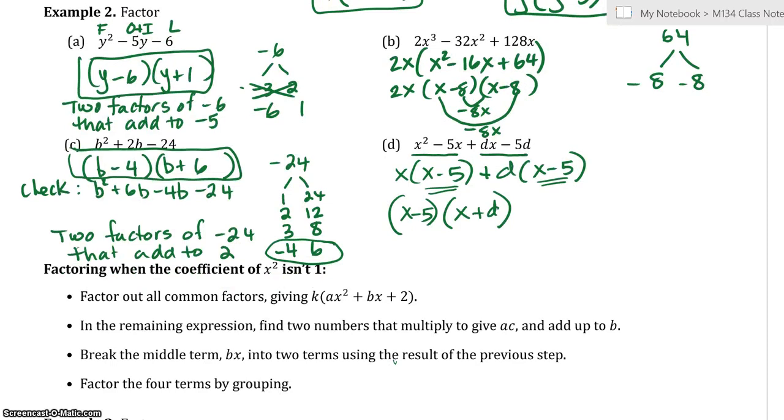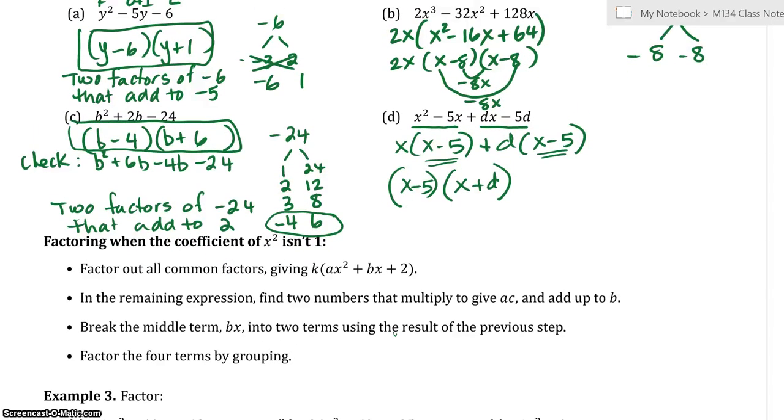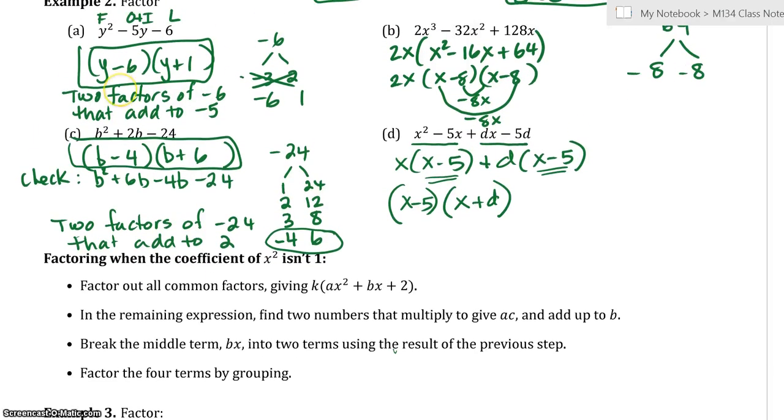Well, we're going to do this for the trinomials. It really doesn't need to be done here, but it can be. But let's go back and redo part A, method 2. I'm going to take y squared minus 5y minus 6, and I'm going to factor that. So they talk about this right here.